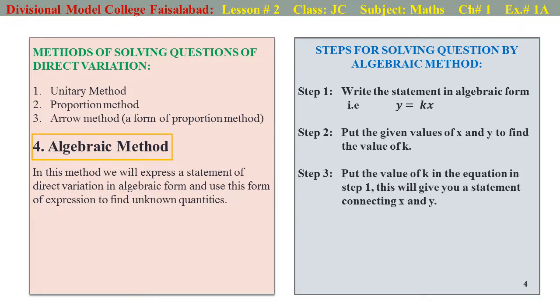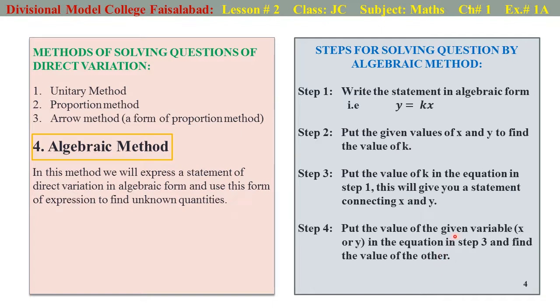Then in step 3 we put the value of k in this equation and we get a relation connecting x and y only, because for k we have written a number, so there will be only two letters there. And in the last step we put the given value of the variable in the equation obtained in step 3 and find the value of the other variable which we are asked to find. So this is the way of doing the problem.